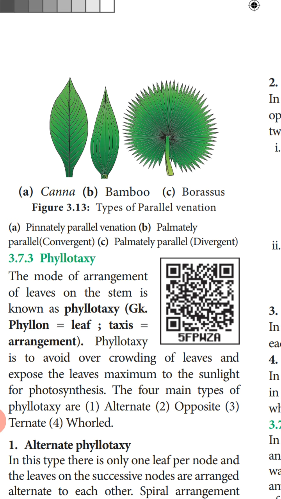In the B diagram you can see in the bamboo, this is the convergent type, that is, from the leaf base numerous veins arise, they run parallel to each other and they come and join at the apex. Okay, they are just coming and reaching towards the apex. This is called the convergent type.